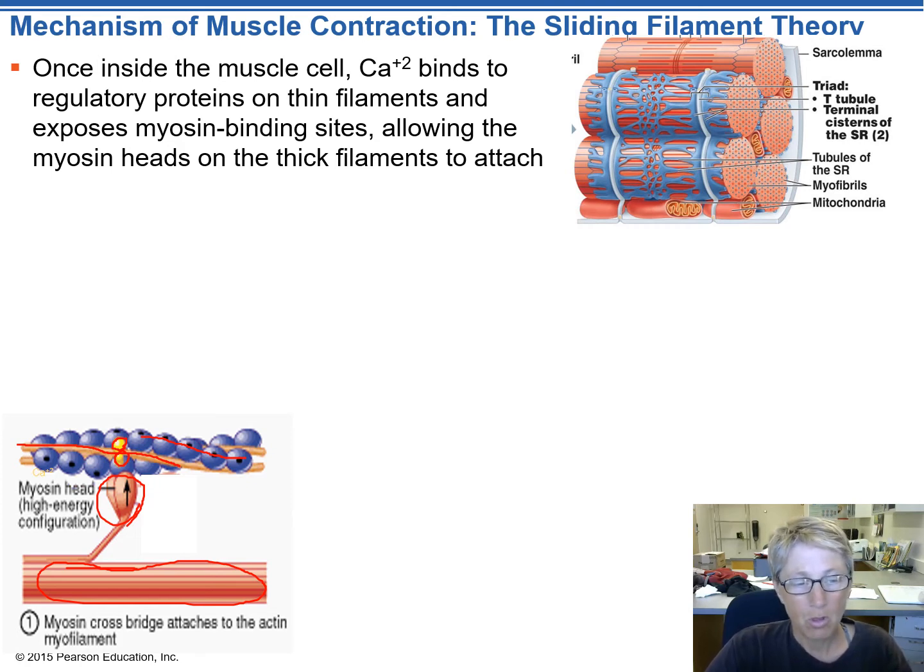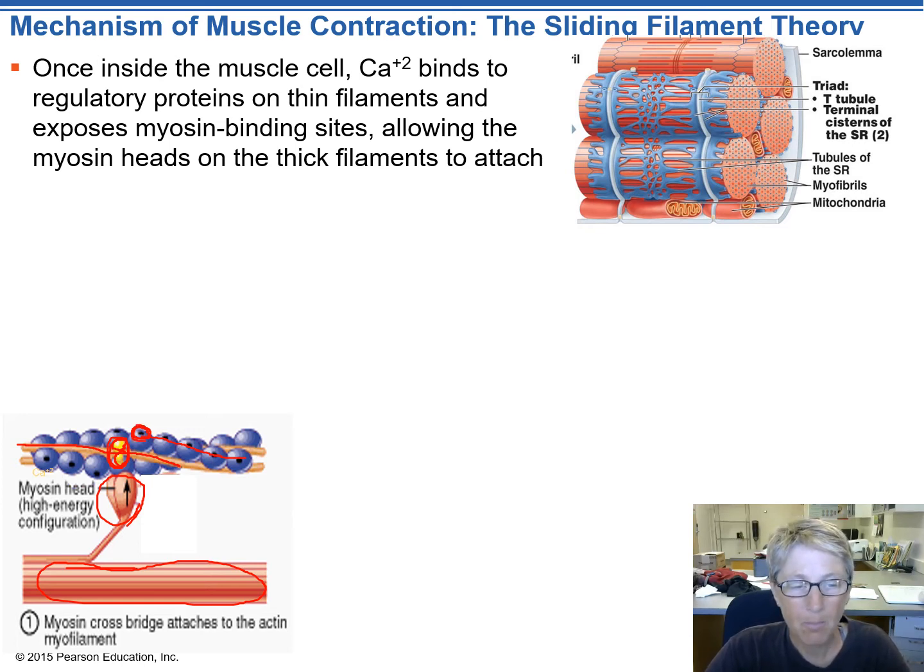When the muscle cell is at rest, these myosin binding sites on actin are covered by the tropomyosin-troponin complex. But when calcium is present, calcium can bind to this regulatory protein, troponin, and it will move the troponin-tropomyosin complex out of the way.